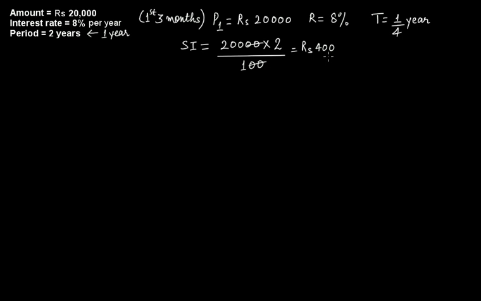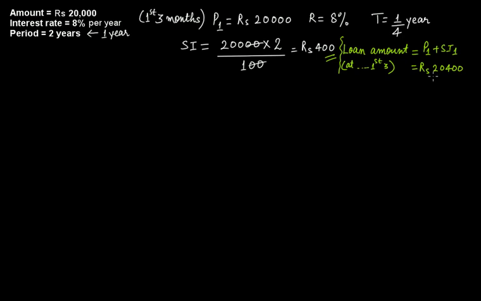So rupees 400. Now this is the interest for the first 3 months. So tell me, what will be the loan amount at the end of first 3 months? That will be equal to P1 plus SI1, which is actually equal to rupees 20,400.